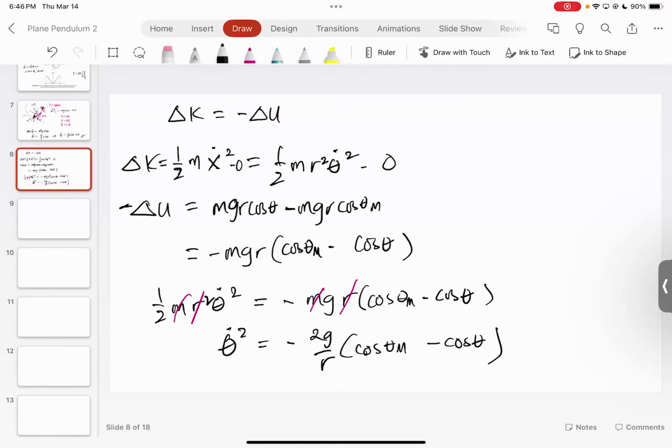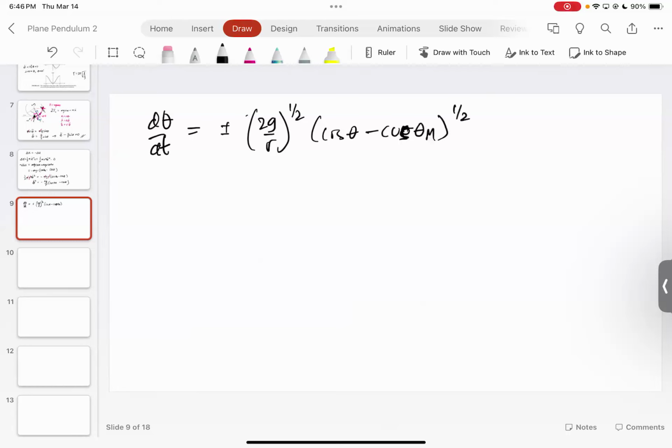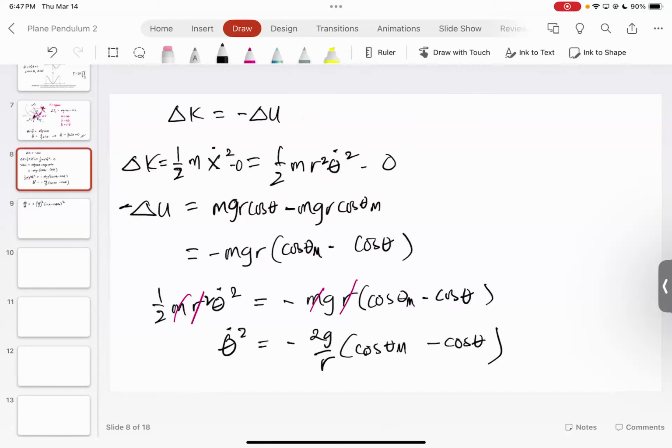So if we take the square root of that, we have d theta dt is equal to plus or minus square root of 2g over r, and then cosine theta minus cosine theta sub m. I reversed the cosine theta and cosine theta sub m again just to accommodate the plus or minus sign on the square root.